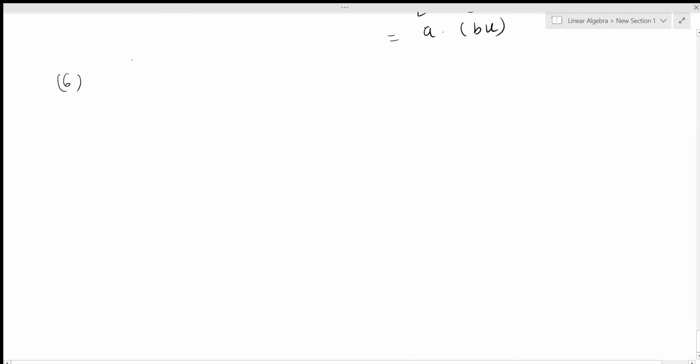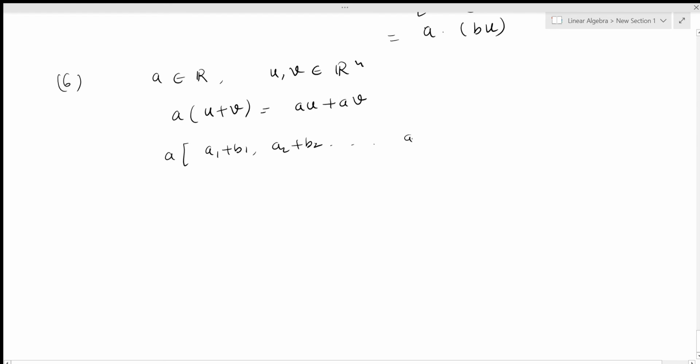So sixth one, that is if A is any element from R and U and V belongs to Rn, then what we have to show? A into U plus V is equal to AU plus AV. So A into U plus V, that is U plus V is A1 plus B1, A2 plus B2 and so on An plus Bn. This is equal to, we can multiply A with this, A into A1 plus B1, A into A2 plus B2 and so on A into An plus Bn. This one.